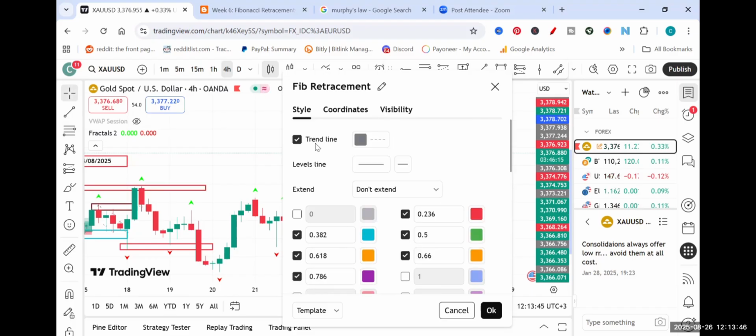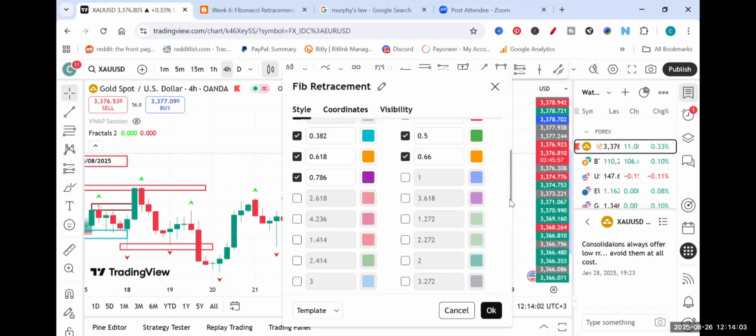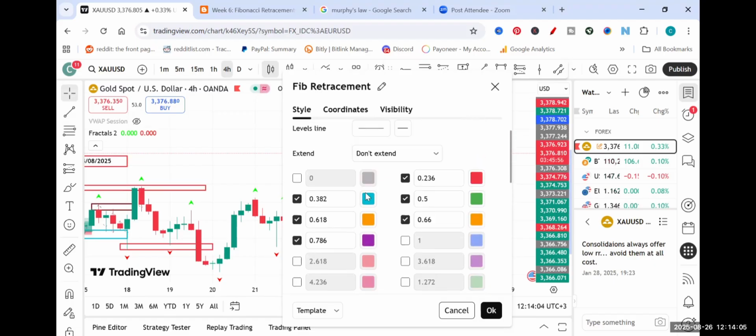Then the trend line, it should be a trend line, and for the levels, no need to extend. You can extend lines to the left or to the right, but no need for that. Just click, don't extend. The colors are important because you need to differentiate those levels, so you can choose.